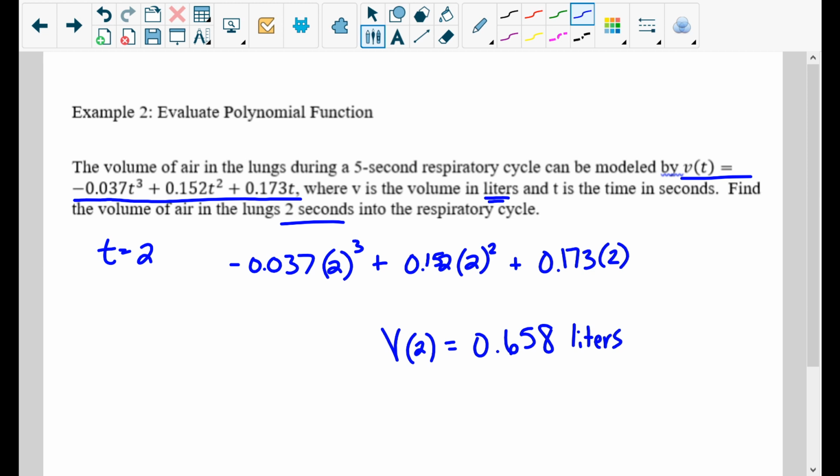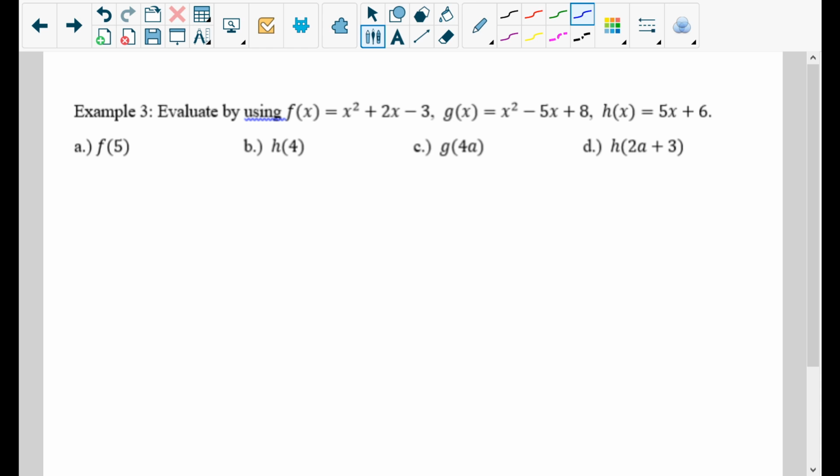All right, the next section here, evaluating still. Here they give us multiple functions: an f function, a g function, and an h function. The letter in front, f, tells us what function we're using, and 5 is what we're plugging in for x.